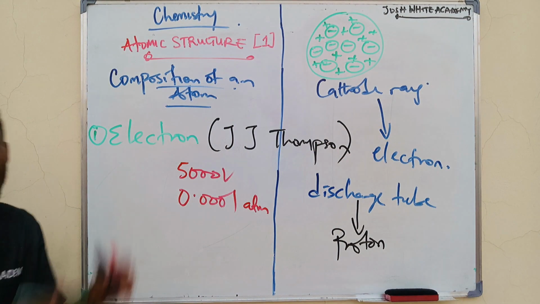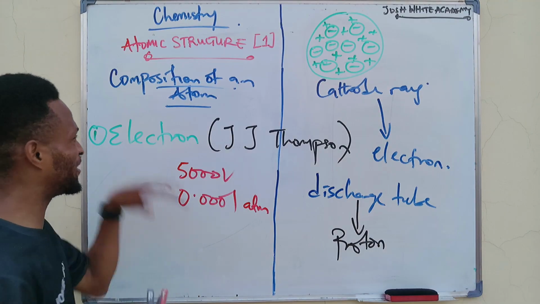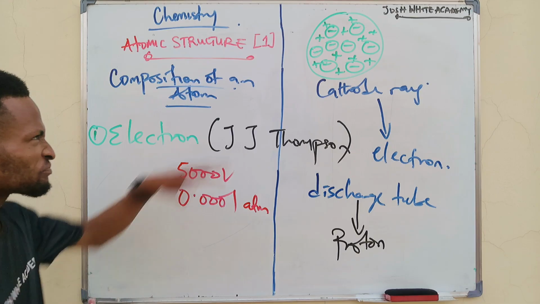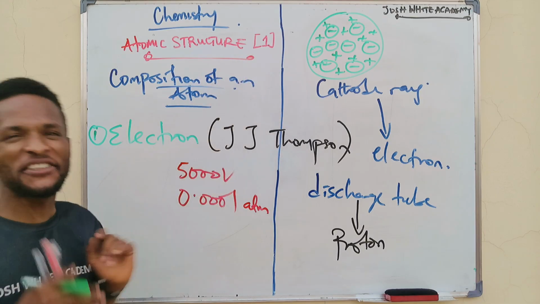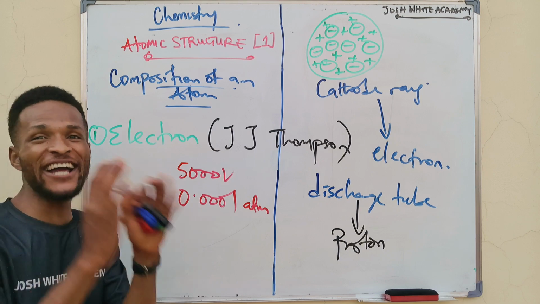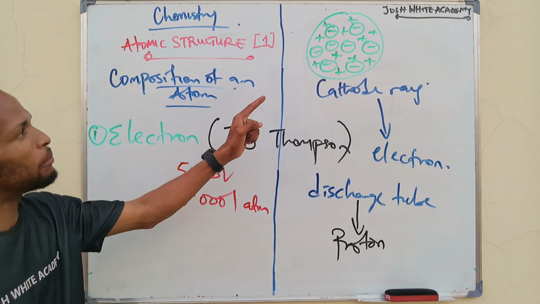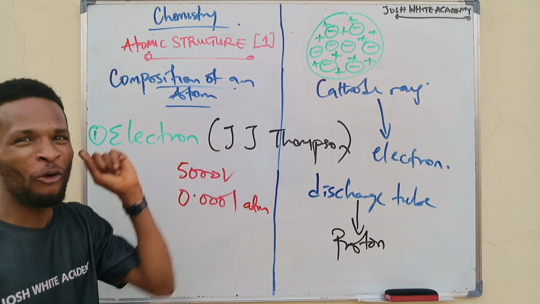You know, at that time the knowledge he had was that the only subatomic particles of an element were just proton and electron. But this could not stand future experiments. So this pudding model of an atom was debunked.